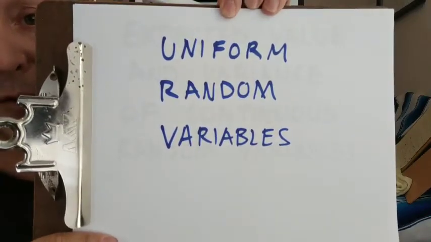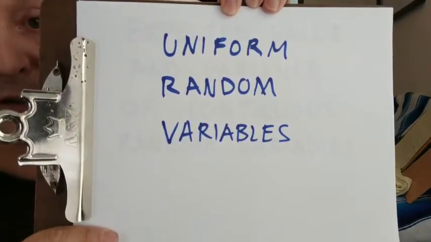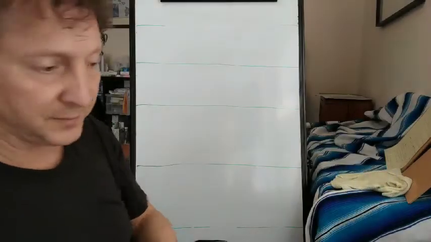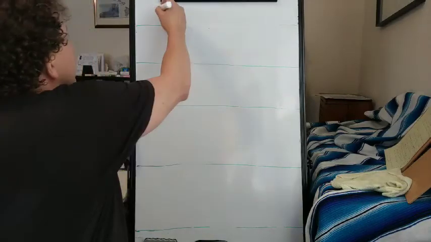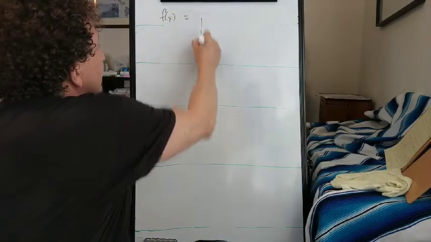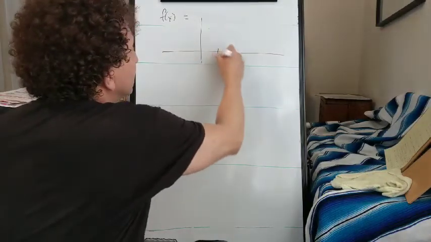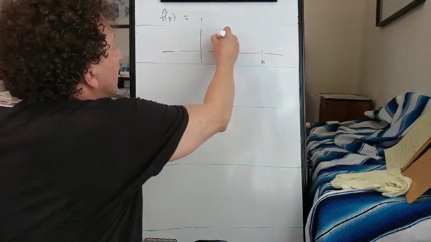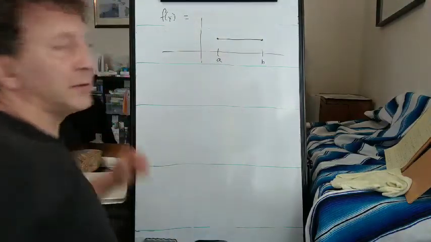The simplest continuous random variables have a probability density function that's just a horizontal line. They're called uniform random variables. So here's the density function.